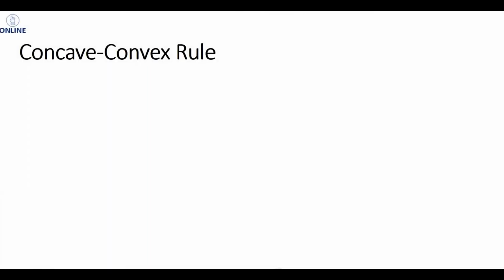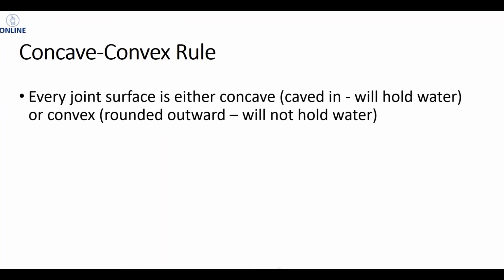So this all goes back to the convex concave rule, which you heard I mention in the video. I'll display this really quickly to show you that joint surfaces generally are concave, or if you put your hands together like a bowl of soup or water, that is concave versus convex.